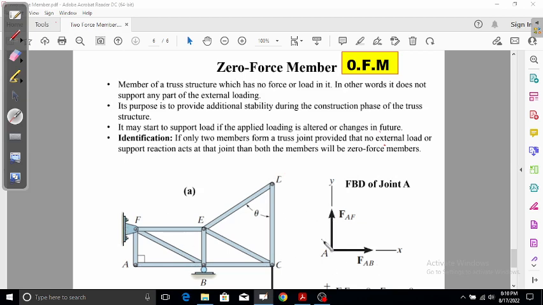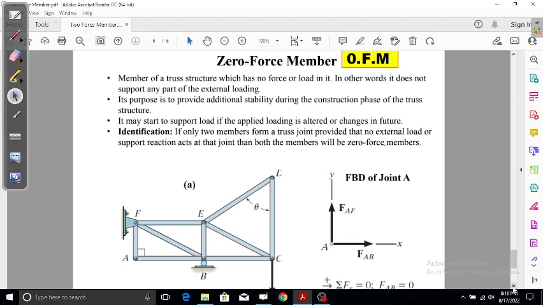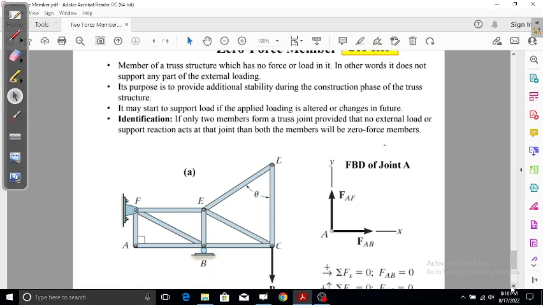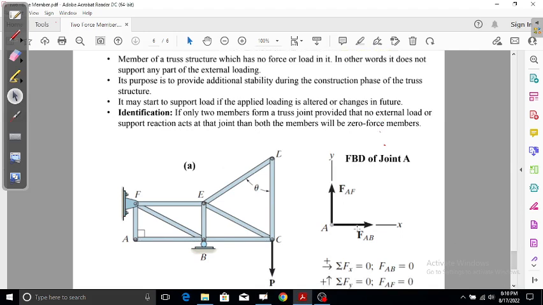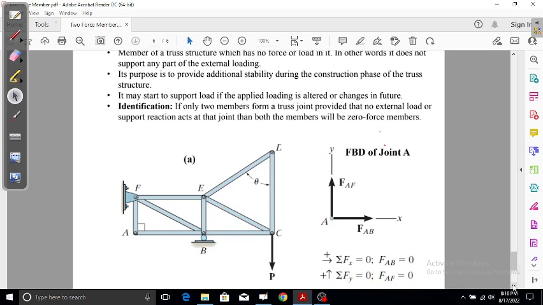Now if you look at this picture, how do I know what my zero force member is? According to the definition, look at this joint A. Joint A has these two members, AB and AF.